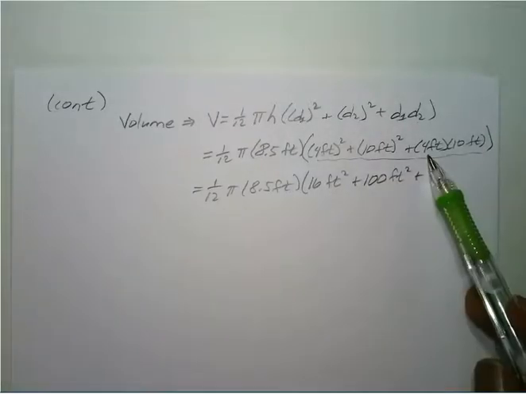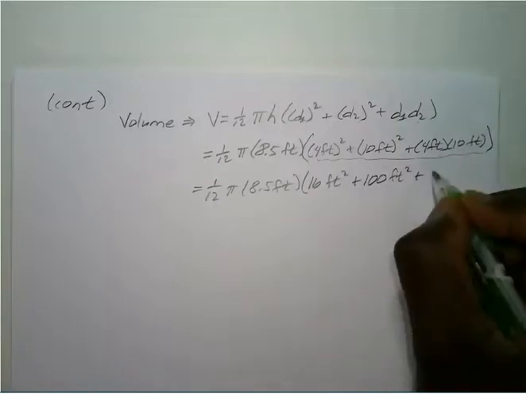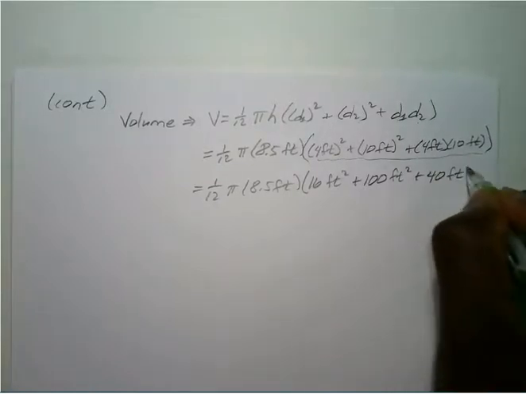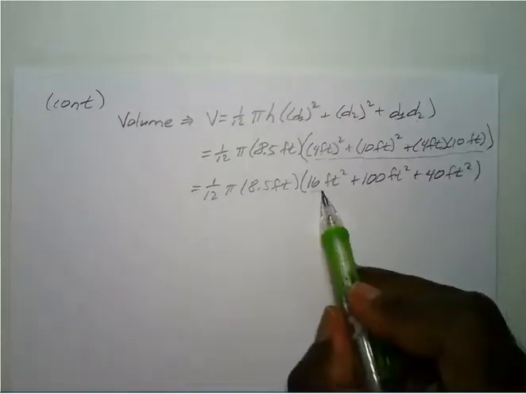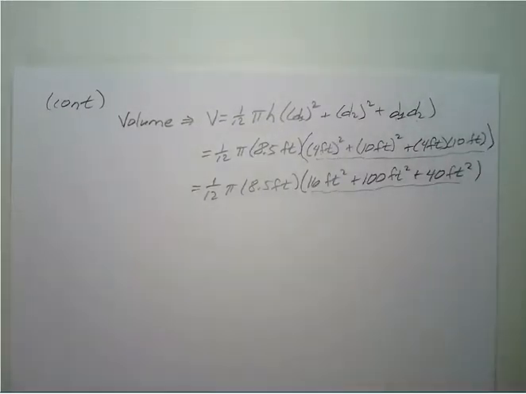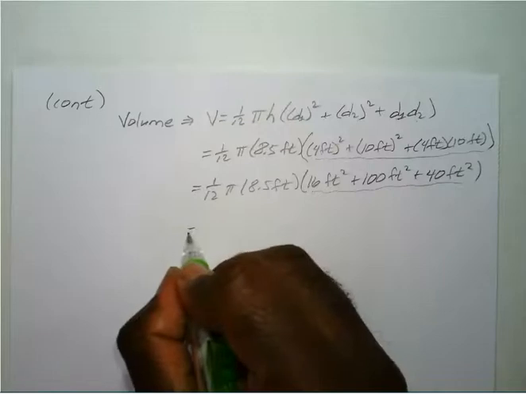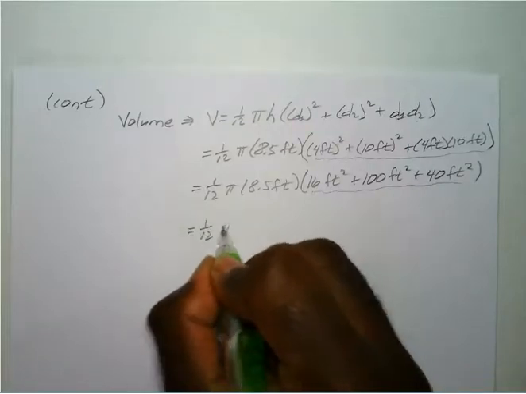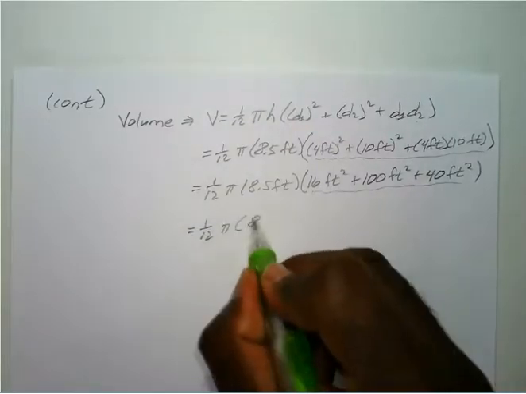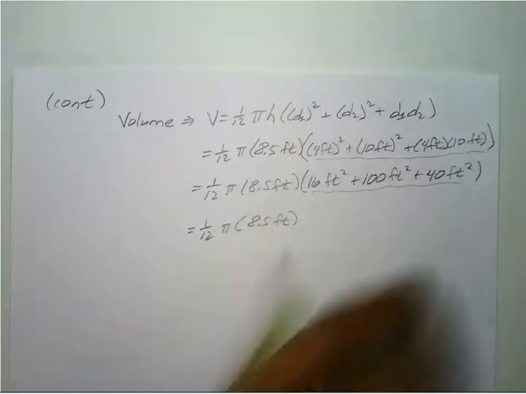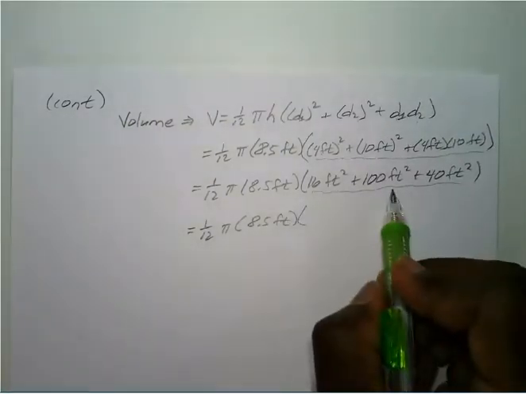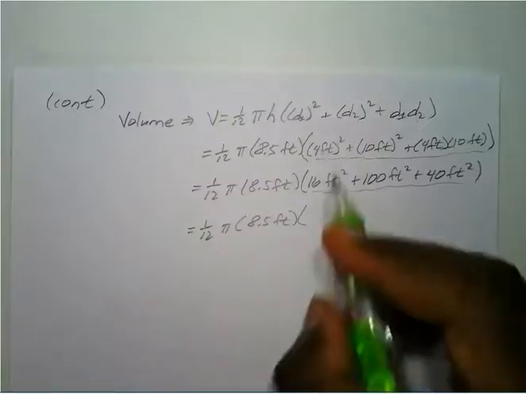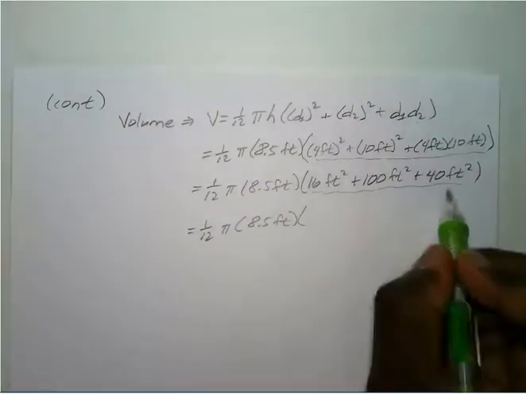Plus 4 feet times 10 feet is 40 square feet. Okay. Once again, we're just going to go ahead and combine that because we have to simplify what's in there first. So that's 1 over 12 times pi times 8.5 feet times 16 plus 100 plus 40, which is 156 square feet.